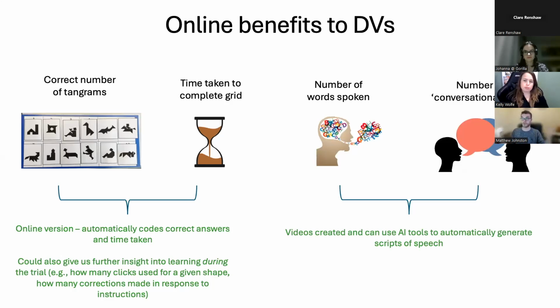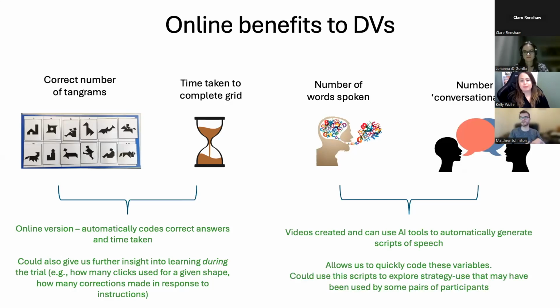We're planning to use AI tools to actually generate scripts of the participants' speech. This will allow us to more quickly code these variables. It could also give us richer data that we might investigate with qualitative analyses. So we can explore things like strategy use, whether some collaborators who are more successful might have used certain strategies that are more beneficial for learning than other pairs of participants.